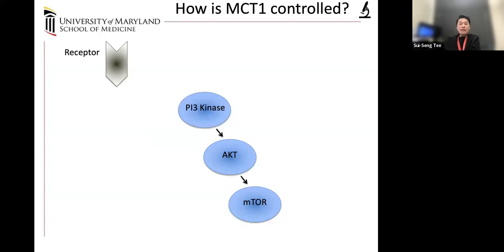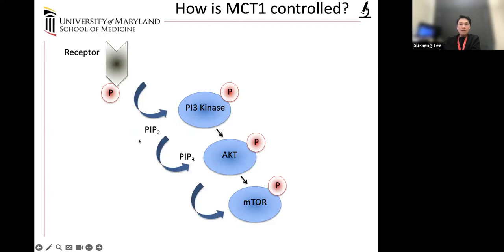Although in tumors, in many cases, the receptors themselves or the downstream signaling components are mutated, so this pathway is always switched on. When this pathway is switched on, a cascade of phosphorylation happens, which finally leads to growth and proliferation.